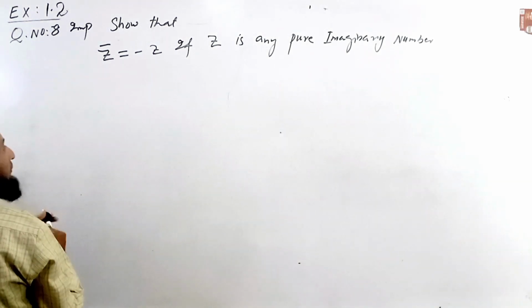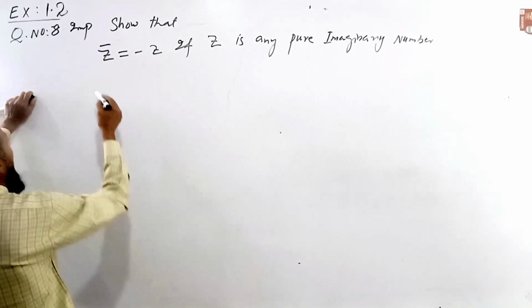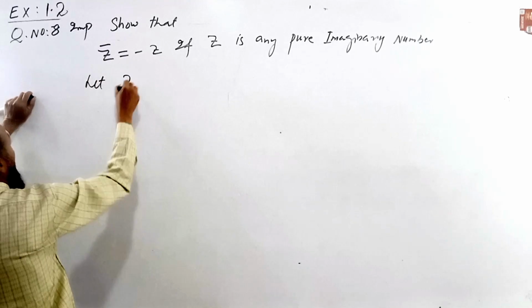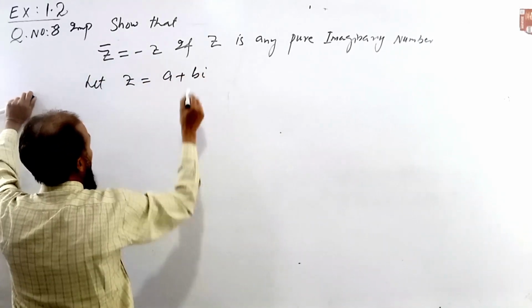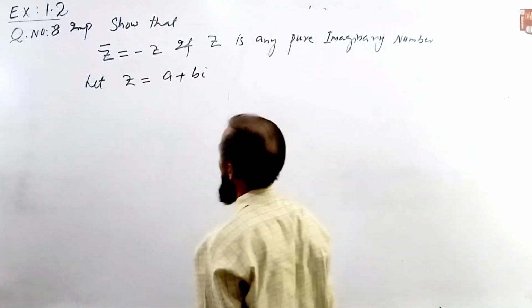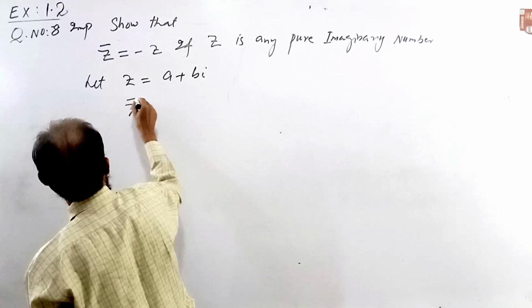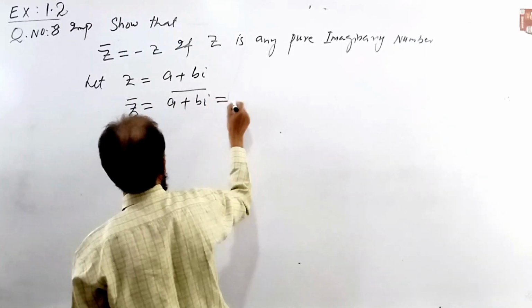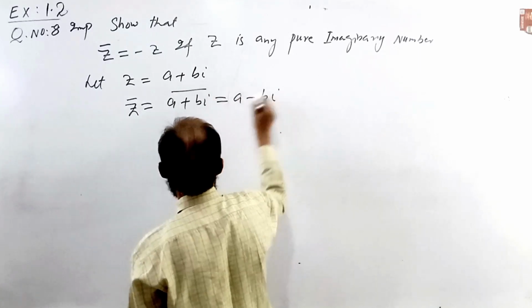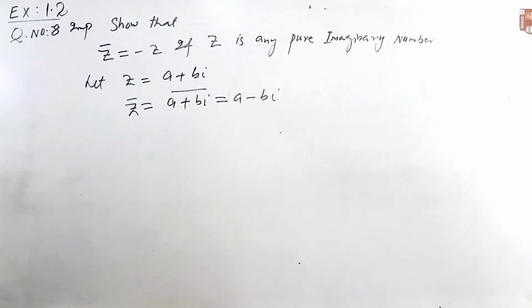Now similarly, if z is any pure imaginary number, let's suppose that z is equal to a plus b iota, any complex number. First we take the left hand side, z bar, the conjugate of a plus b iota. So similarly we get here the sign changed, the conjugate sign is changed.